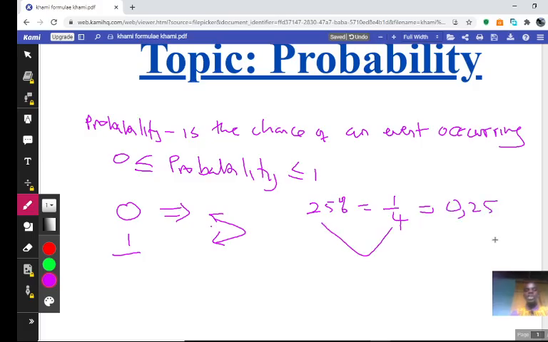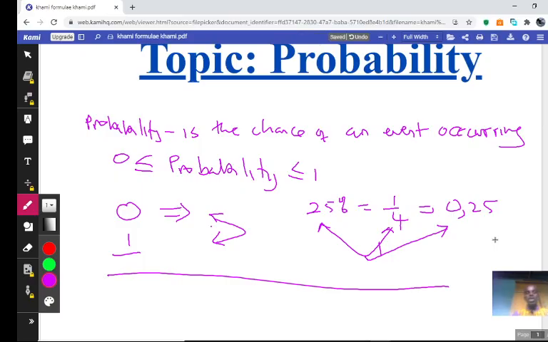So you can express it in whichever form, but as long as the value is between 0 and 1, it will never be more than 1 or less than 0. That's probability.